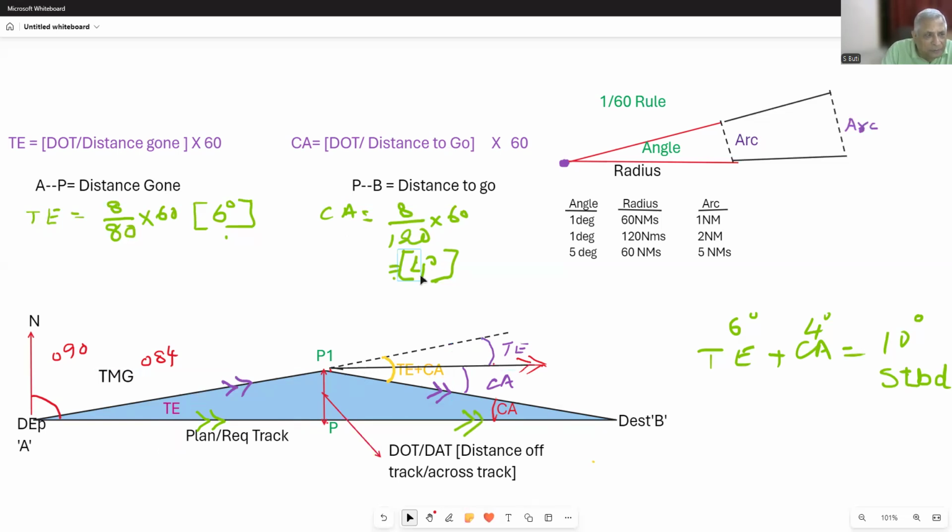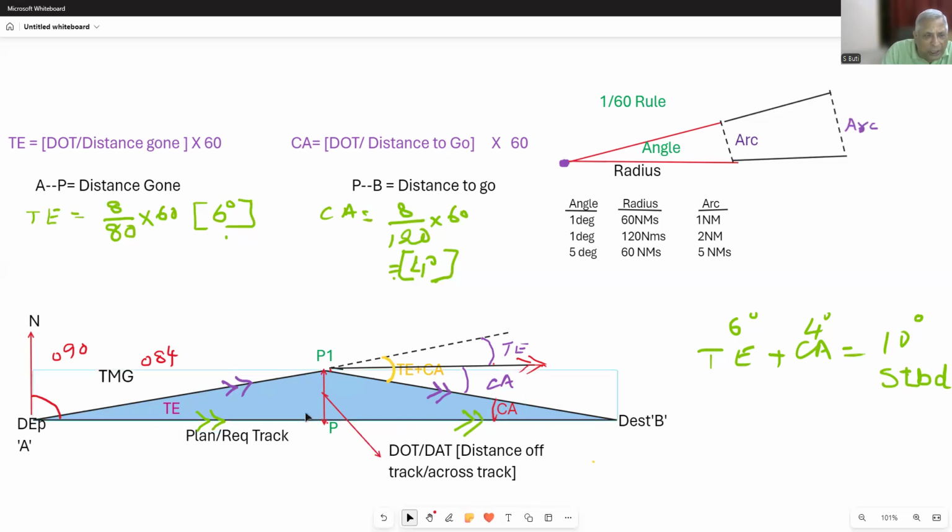Please remember, if distance to go is less, then closing angle will be more than the track error. If distance to go is more than distance gone, then closing angle will be less than the track error.